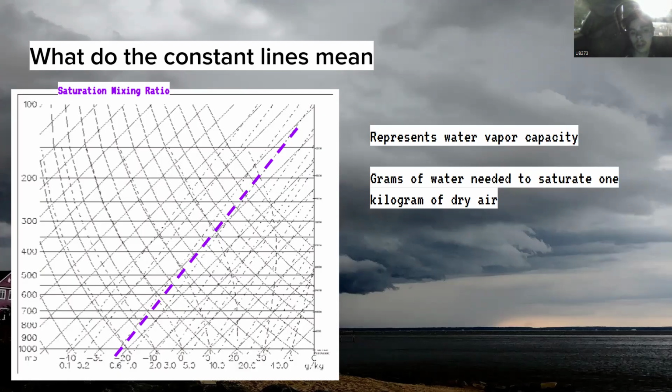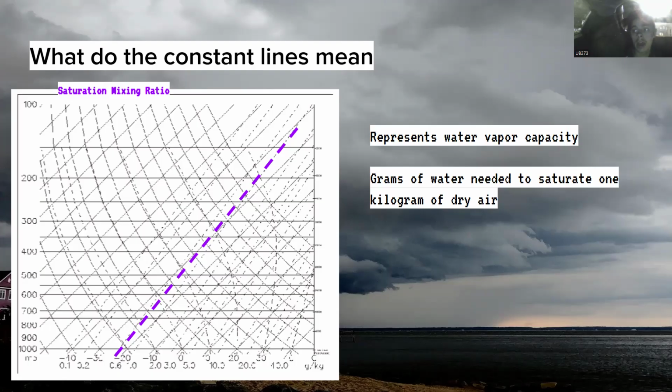Now, one thing that's going to be useful for these lines, or what they'll be useful for, I should say. We're going to talk more about this later. I don't remember if it's in this slideshow. I think it's the next lesson. But once we get that data from the radiosonde, we can do what's called a parcel trace, which is basically saying what would a parcel of air do as it goes up.